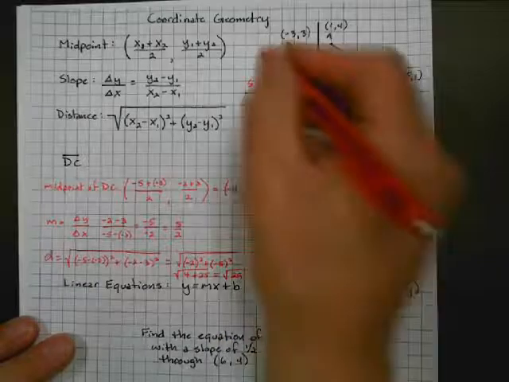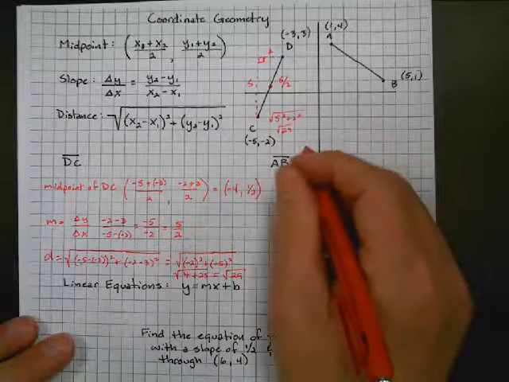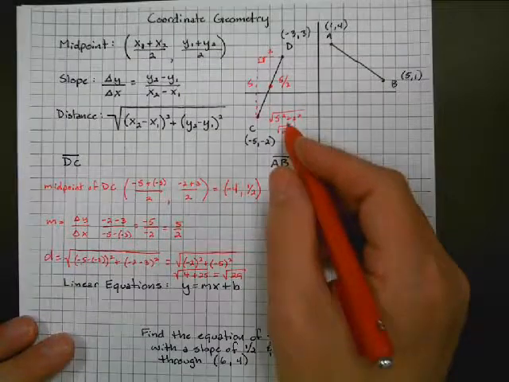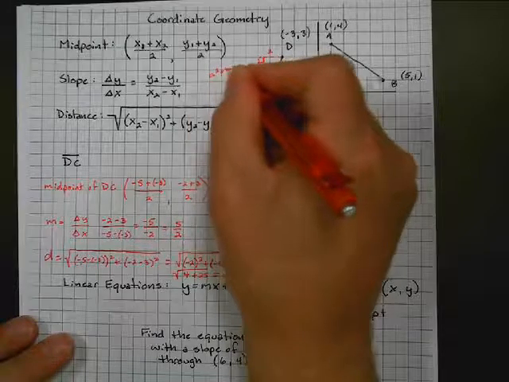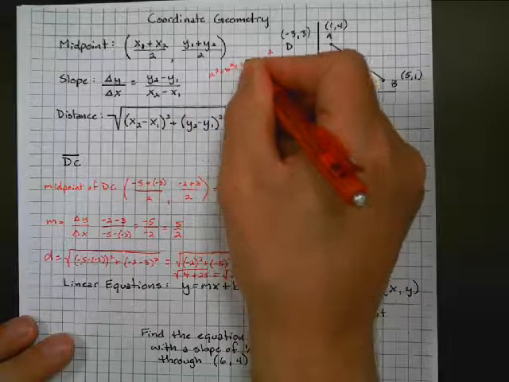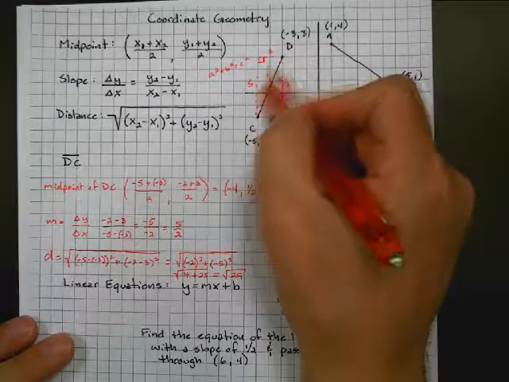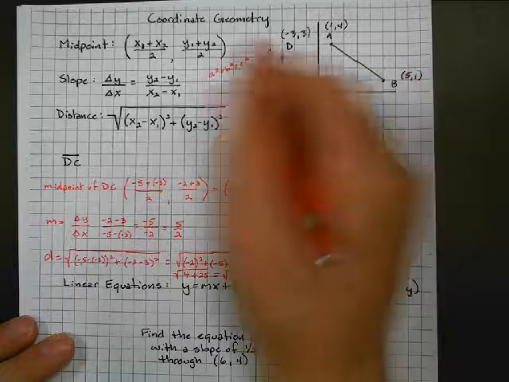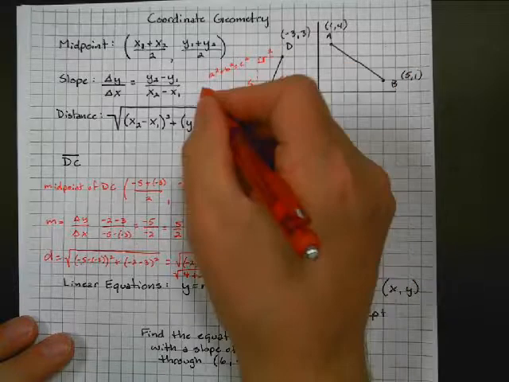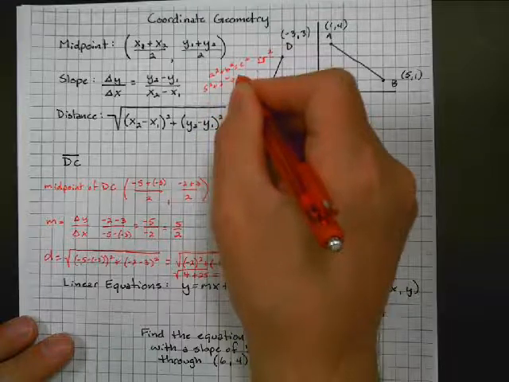The other way that you can look at it is, those of you who have done the Pythagorean Theorem, you can make a right triangle here. And you guys know that a squared plus b squared equals c squared. The diagonal part is always going to be your c squared. So if I make this a and this b, that'd be 5 squared plus 2 squared equals c squared.